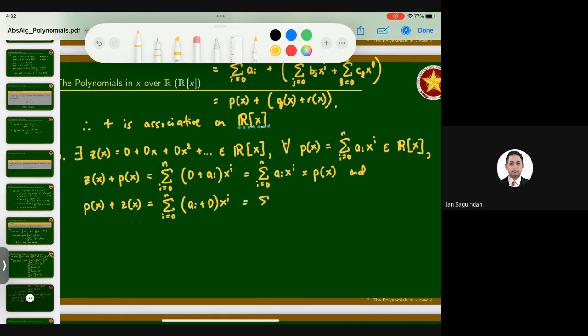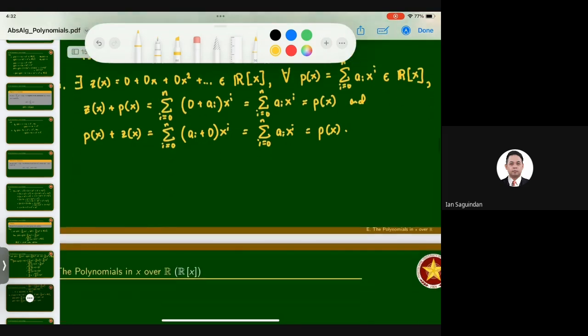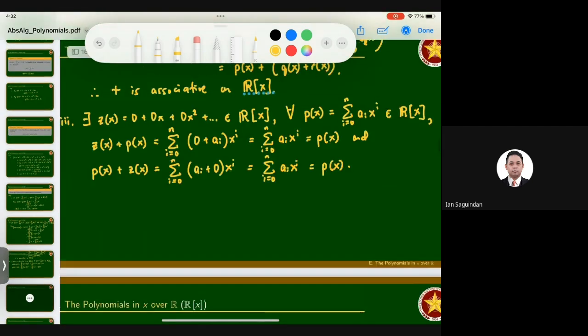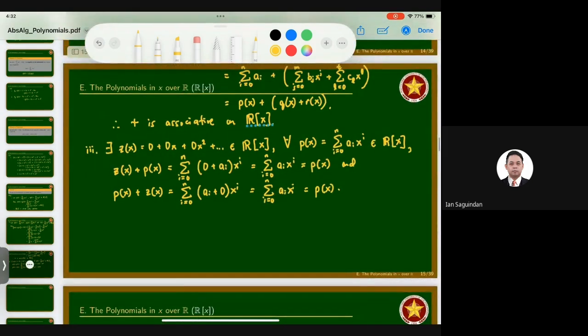So again, this should be just the summation of all a sub i, x to the i running from 0 up to n, which is p of x. Okay, so we already have the additive identity.